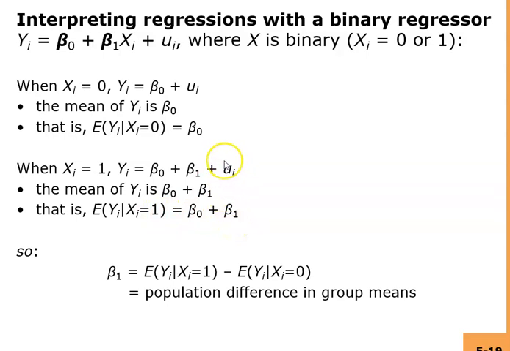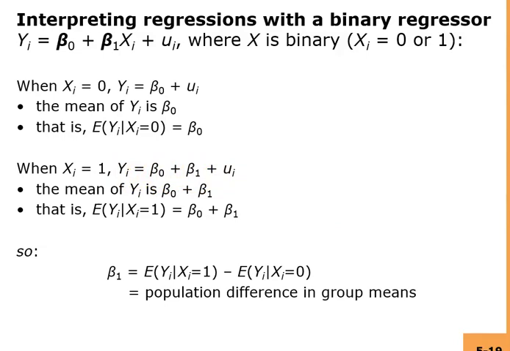Once again we are taking advantage of the first assumption of OLS, that the expectation of u given x equals 1 will also be 0. So when the expectation of u given x equals 1 becomes 0, the expectation of y given x equal to 1 will simply become beta naught plus beta 1.